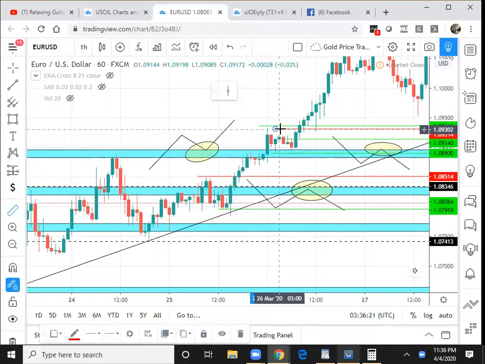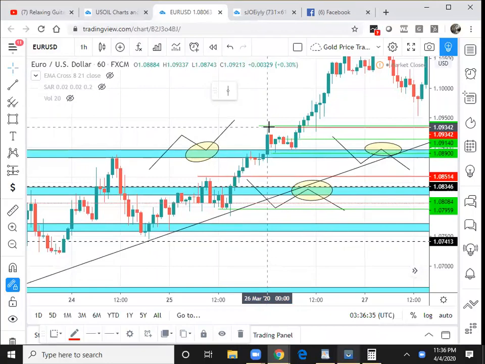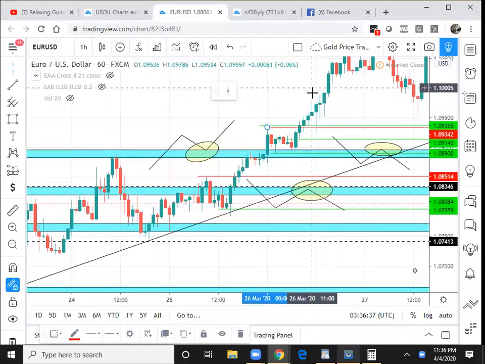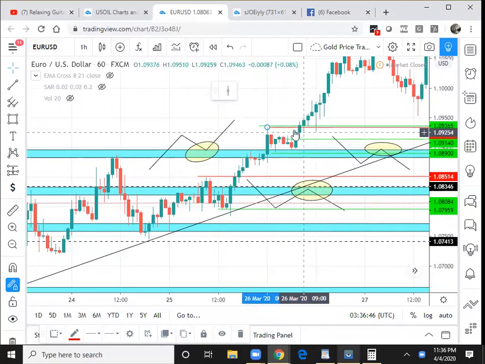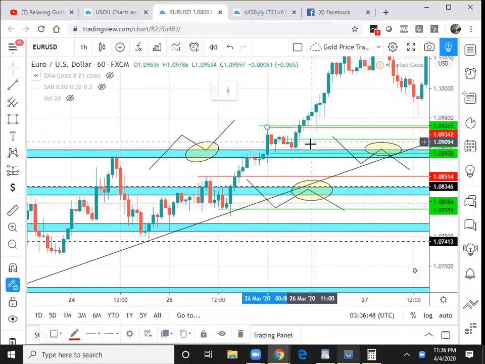You will have moved your stop loss up from the entry here, so that when it reverses and touches there, it will basically close in partial profit.